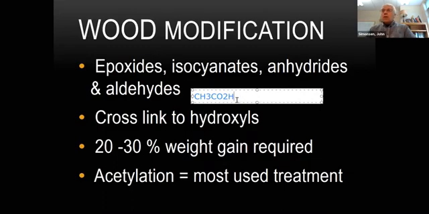So this is acetic acid. And once again, you dehydrate it, and you get this, because there's a double bond to this oxygen. This is a carboxylic acid.